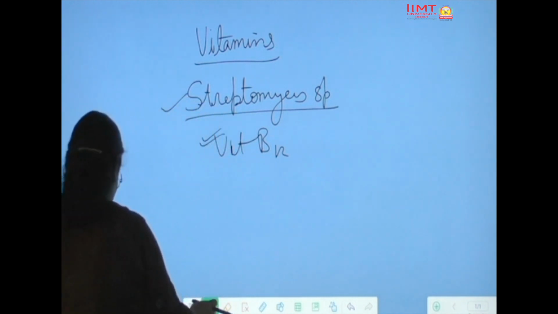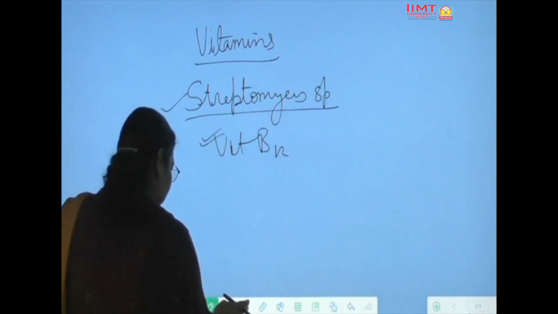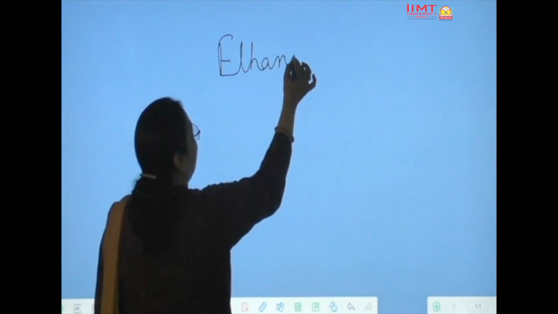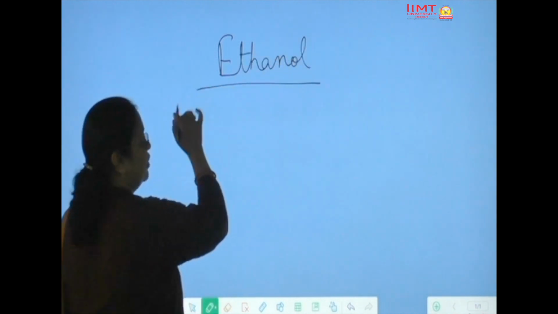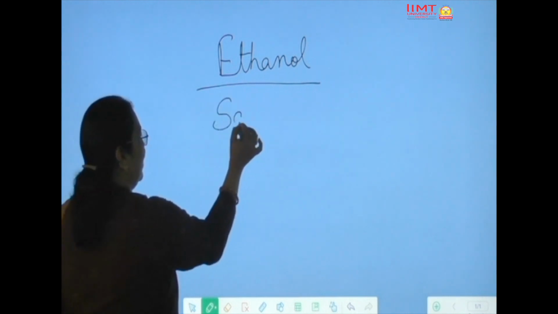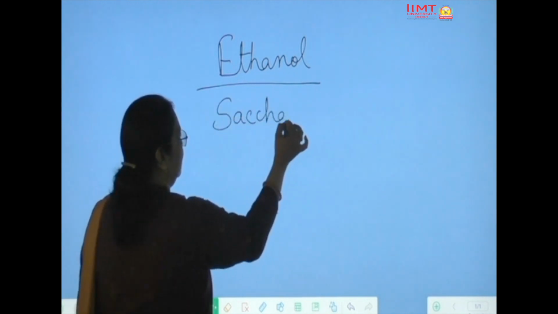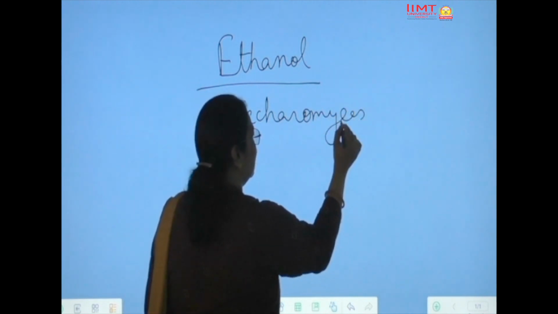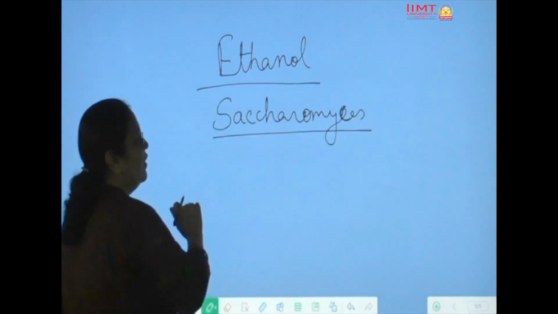Other than this vitamin, the other product is ethanol, which is a very important product of industries, and this ethanol is being produced by Saccharomyces, that is a yeast.